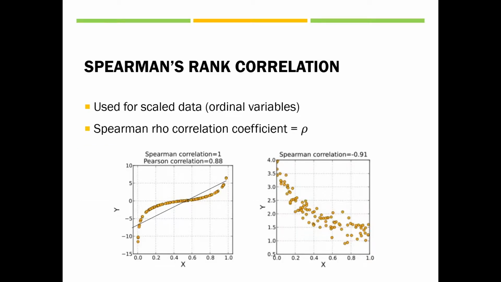So if we don't have ratio variables, you can use a Spearman's rank correlation, and this is used for scaled data like Likert scales, ordinal variables, and we calculate this in a similar way. And what happens when we have ordinal variables, sometimes they aren't represented in a linear fashion.